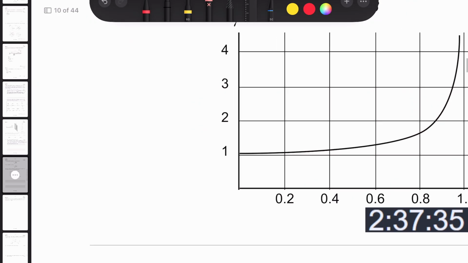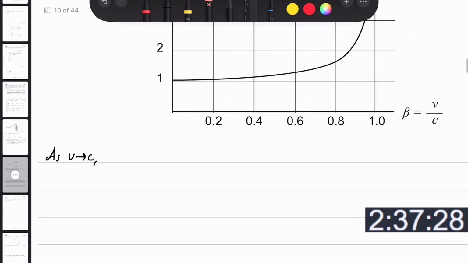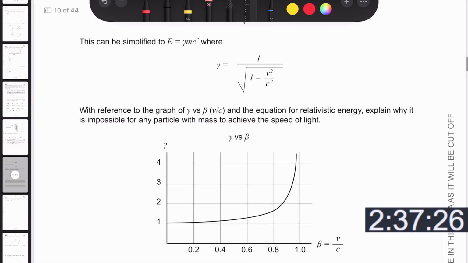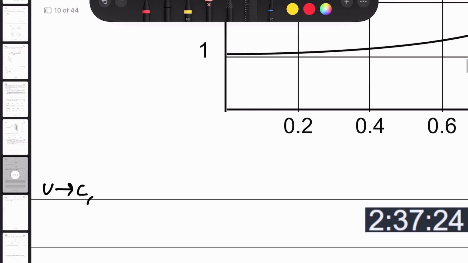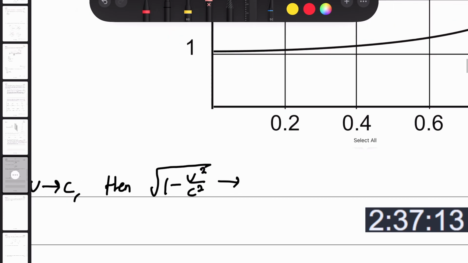So as v approaches c, then the square root of 1 minus v squared over c squared approaches 0.